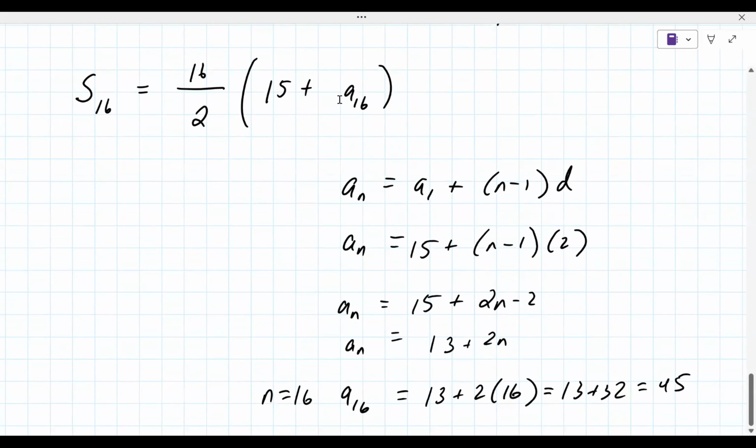So that's the last term. Oh, okay. So sometimes you have the terms, then you use the formula.